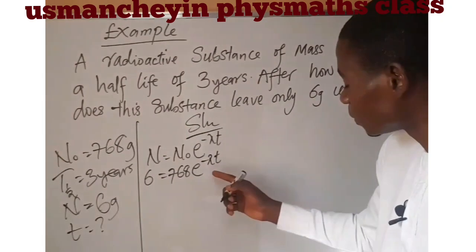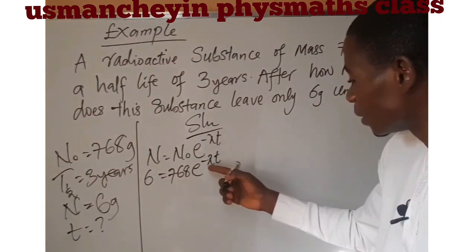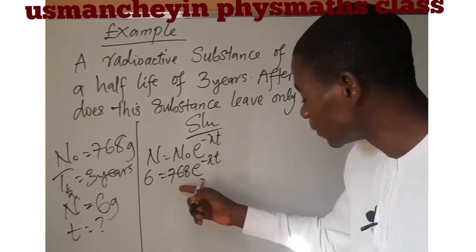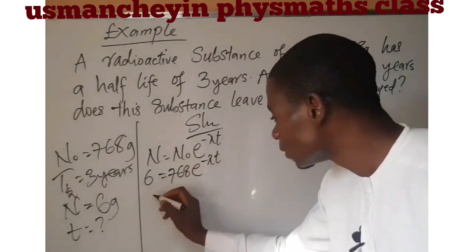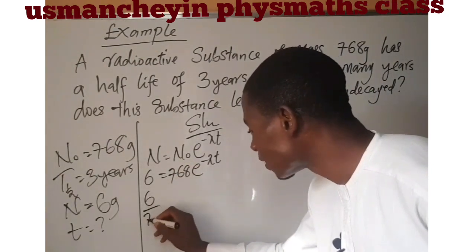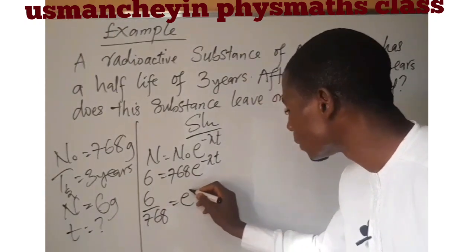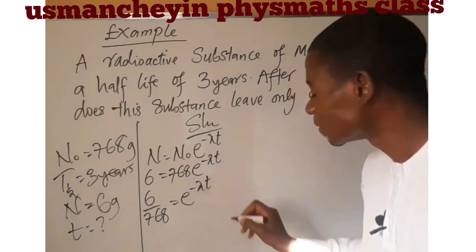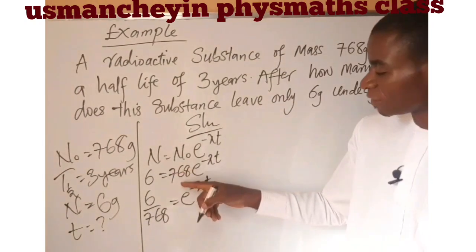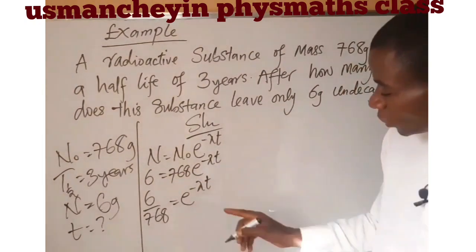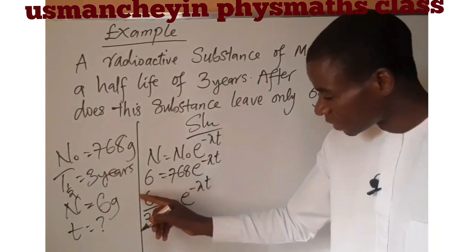The next step is to divide through by 768. So we have 6 over 768 equal to e raised to power negative lambda t. If I want to remove this negative sign, I'll take the reciprocal.